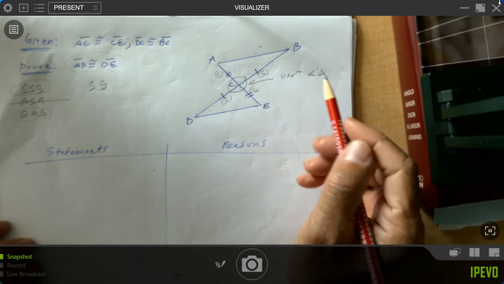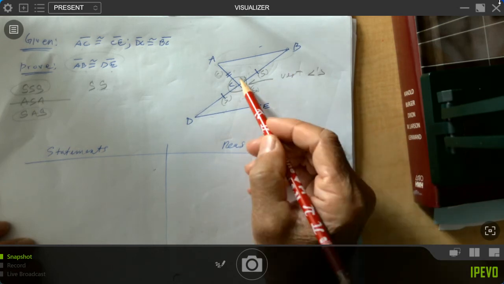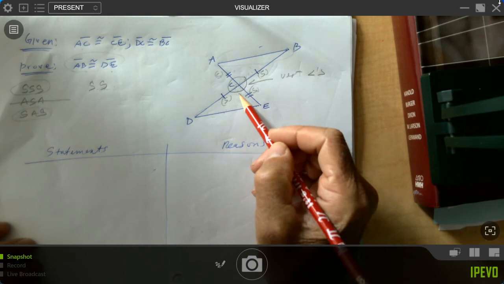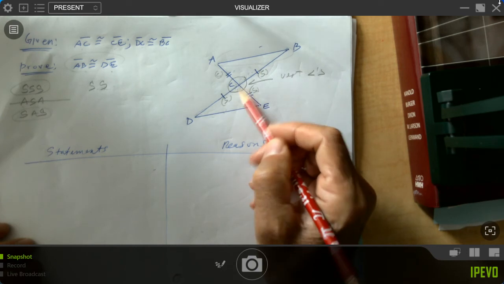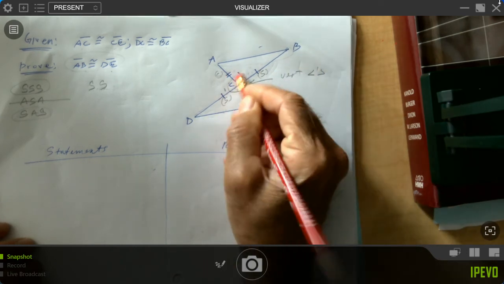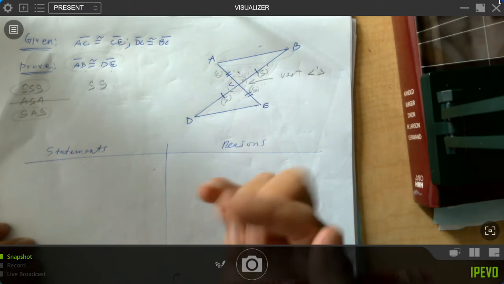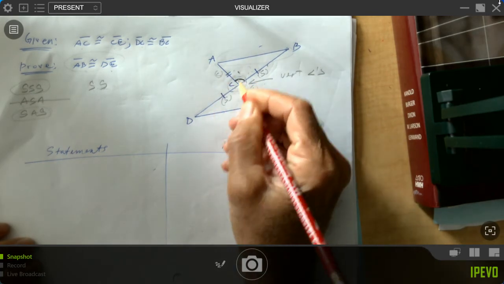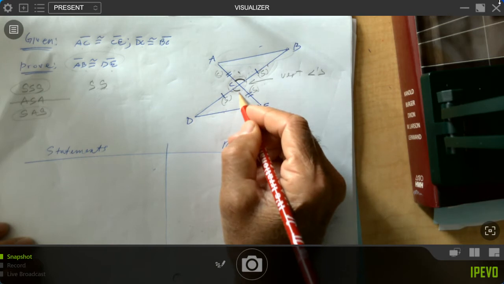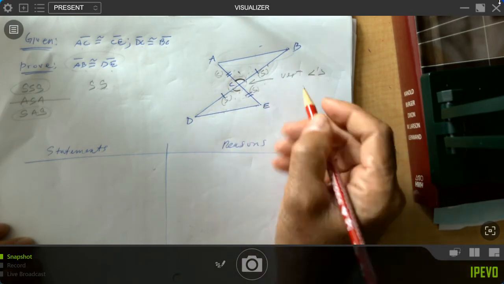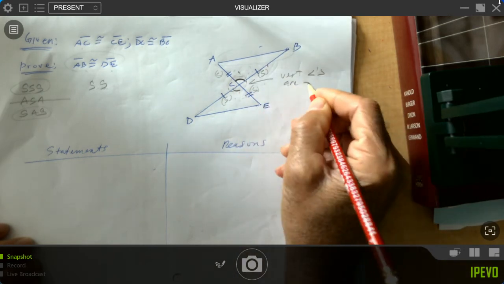So vertical angles gives you a way of finding these two congruent. Remember, that's the key. Vertical angles are congruent. We want the vertical angles that are inside the triangle, so we're going to use these two.